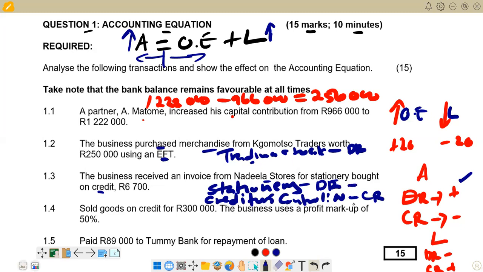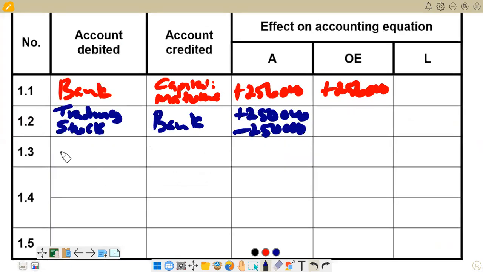Then you've got creditors control. We are increasing creditors, so here comes a plus. So you see that this effect is on owner's equity and liabilities on one side. So you put an increase and a decrease. So we go there and summarize that one again on the answer book. If you come here on the debit side, we have got stationery, and on the credit, we have got creditors control.